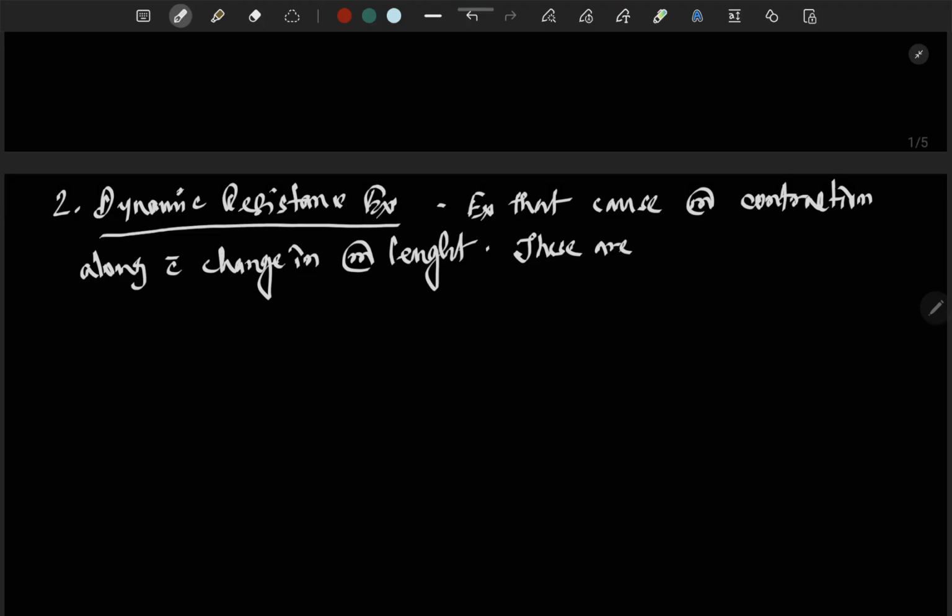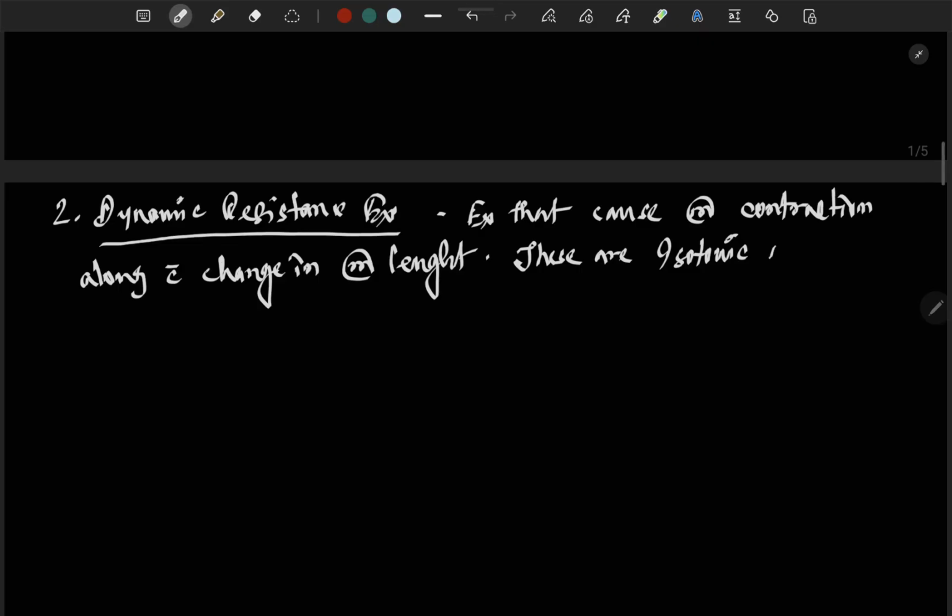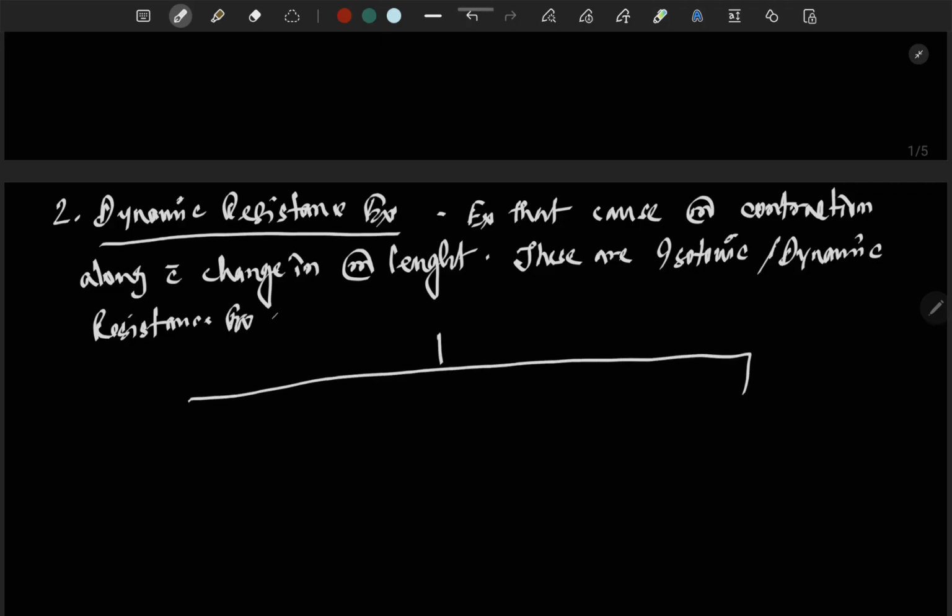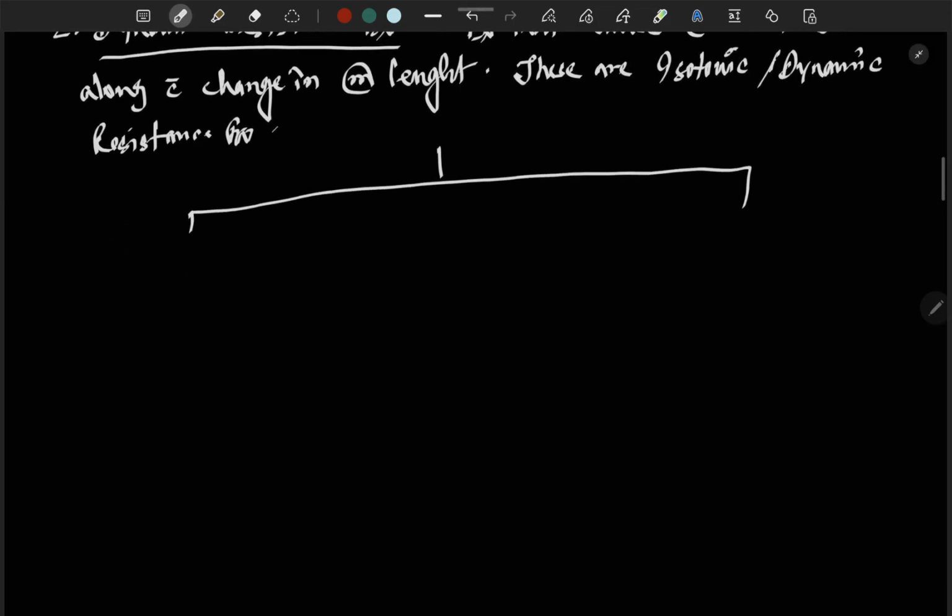These are isotonic or dynamic resistance exercise. It is further subdivided into two categories.